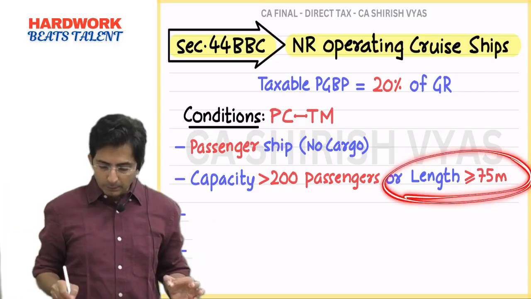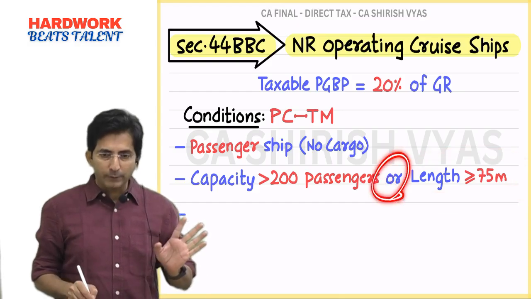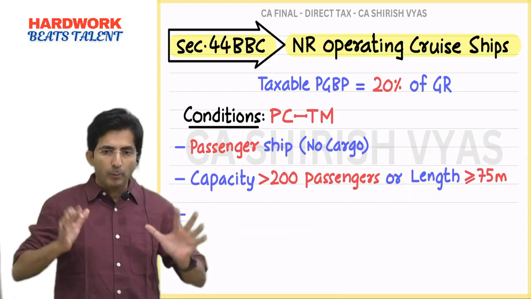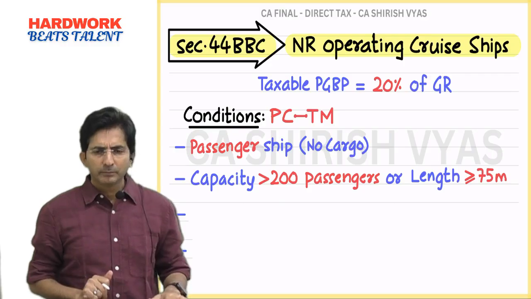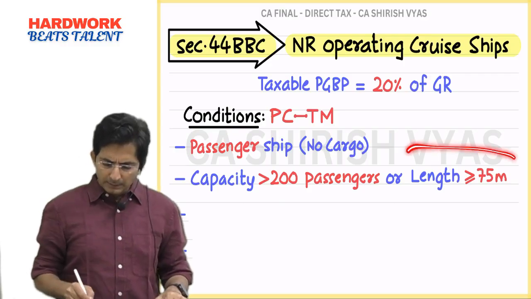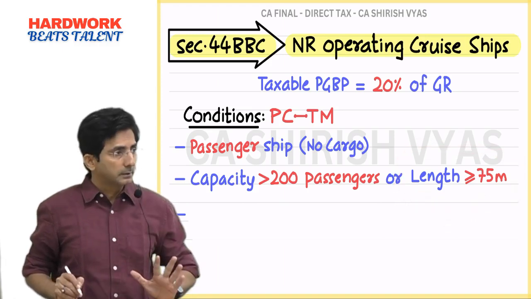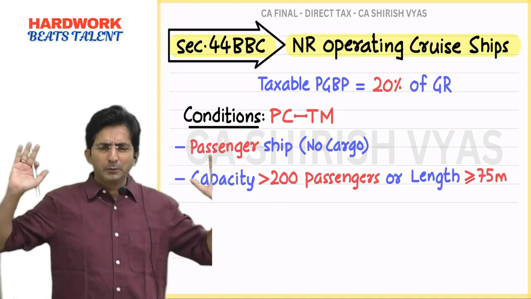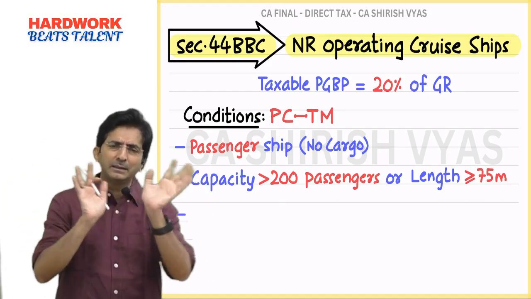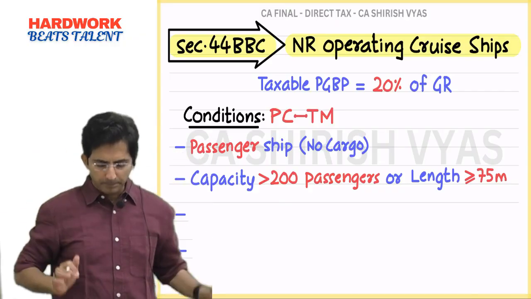See, this is either or, any one thing should be satisfied. Either it should be able to accommodate more than 200 passengers at a time, or the length should be greater than or equal to 75 meters. Basically the government wants it to be a big ship, not a small ship sailing in India in the name of cruise.